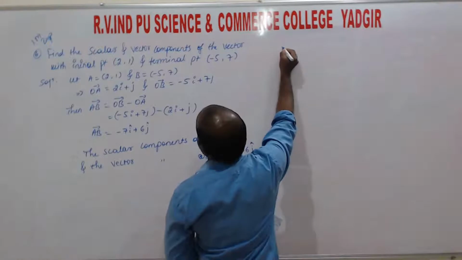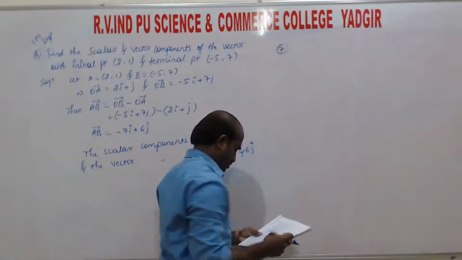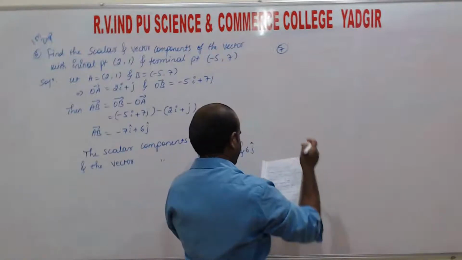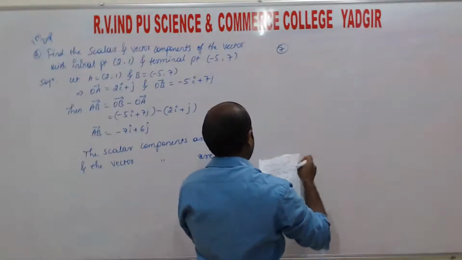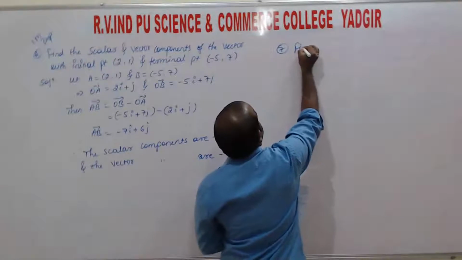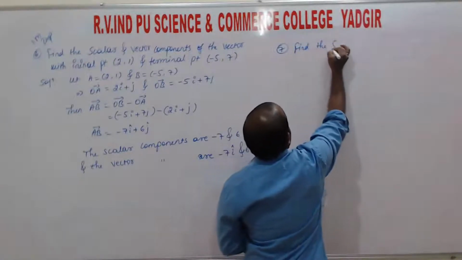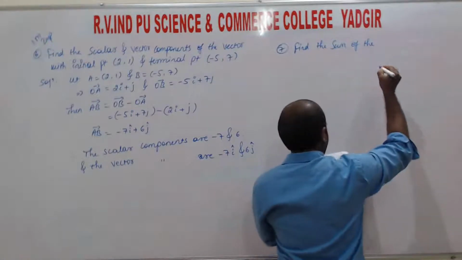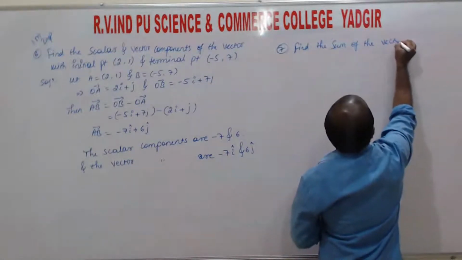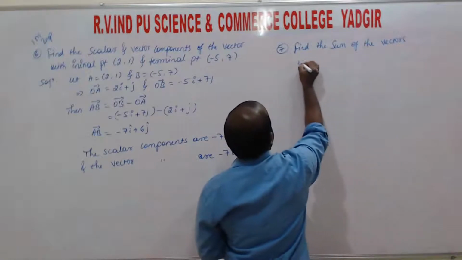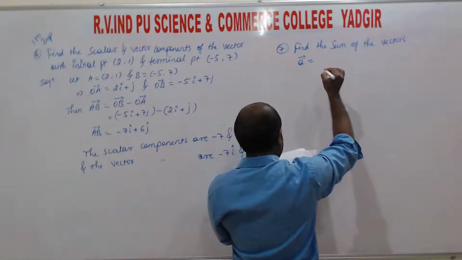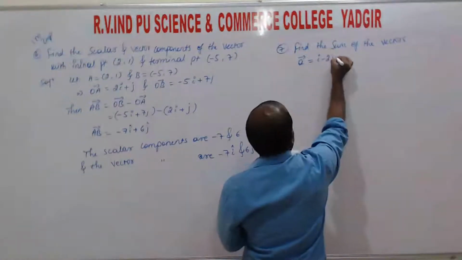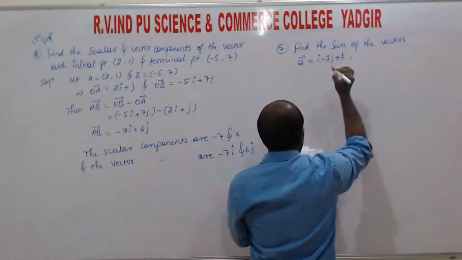Next question. Find the sum of the vectors. A vector is equal to i minus 2j plus k.